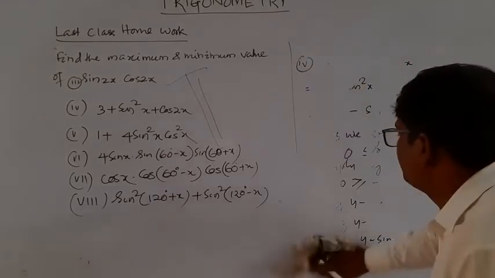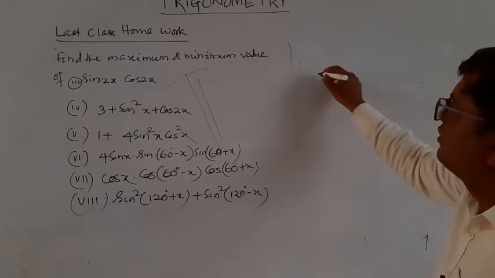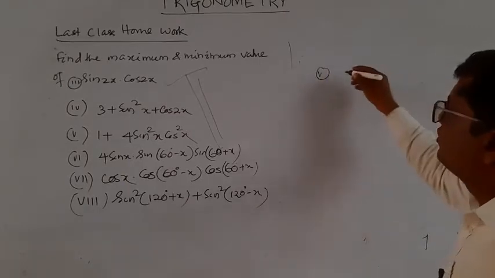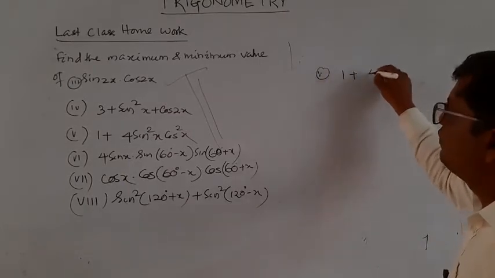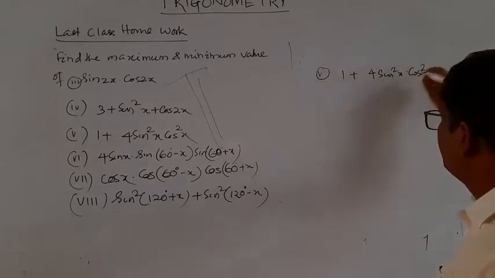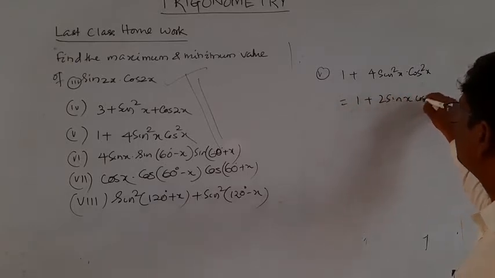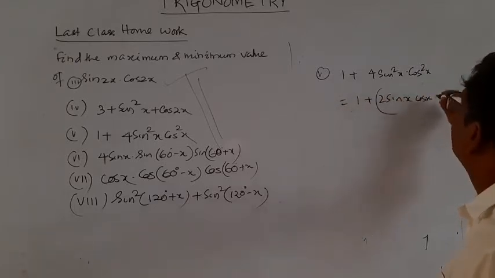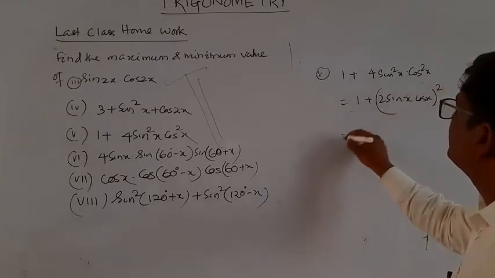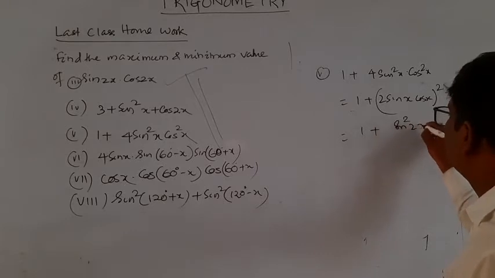Question number 5 is 1 plus 4 sin square x into cos square x. We can write that as 1 plus 2 sin x cos x whole square, which is 1 plus sin 2x whole square, so we can write sin square 2x.